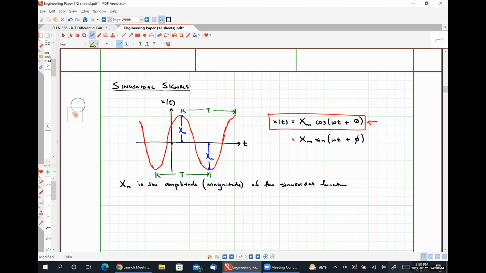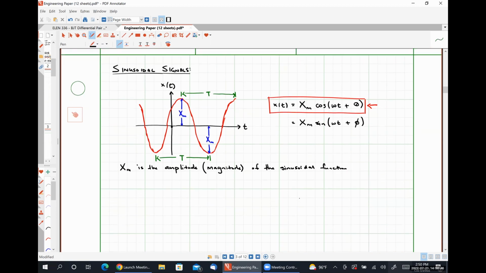So T is the period of the sinusoidal wave function, and it represents how long it takes, measured in time, for one cycle of the sinusoid to occur.